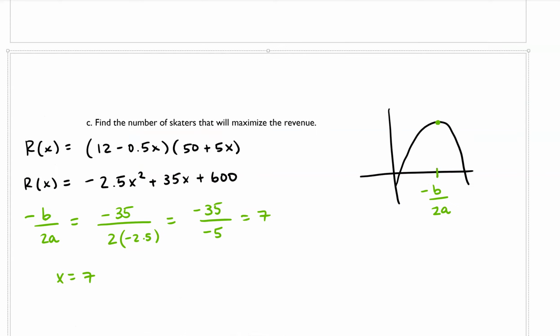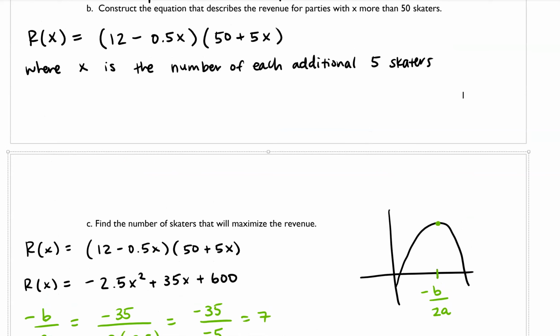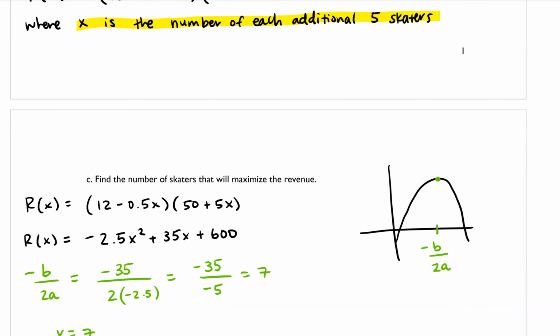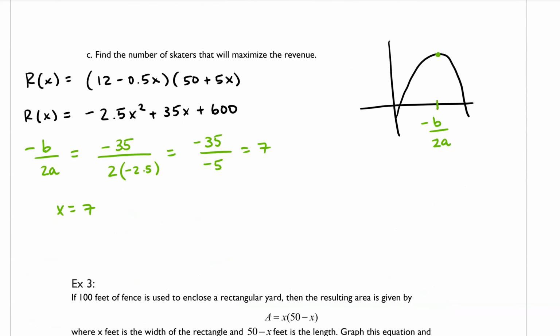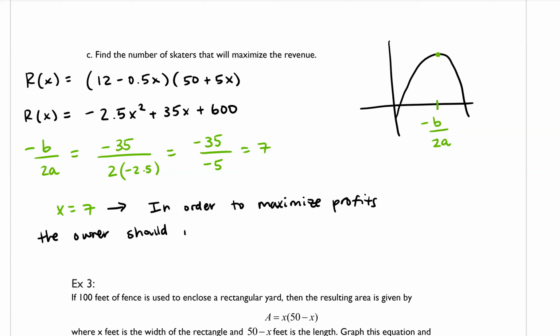Now remember, the way that we defined x up here is x is the number of each additional 5 skaters. So if we get a value of x equals 7, what that means is that in order to maximize profits, the owner should invite 85 skaters. 7 represents the number of each additional 5 skaters.